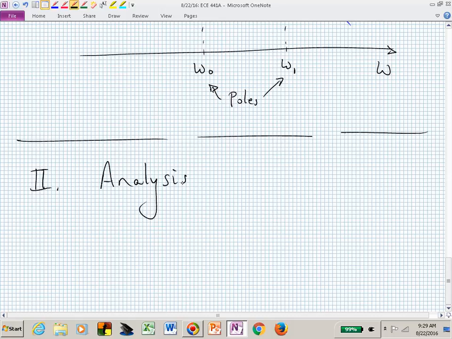The second part of the class is our analysis piece. Just like in modeling, we looked at two different domains. We need to be very comfortable working in both domains, the time domain and the frequency domain. And sometimes I'll move over and I'll say we're in the time domain. I can't see, so you guys don't have to get too nervous, but I'll hopefully not trip getting over to the other side. And then we'll come over here and we'll be in the frequency domain.